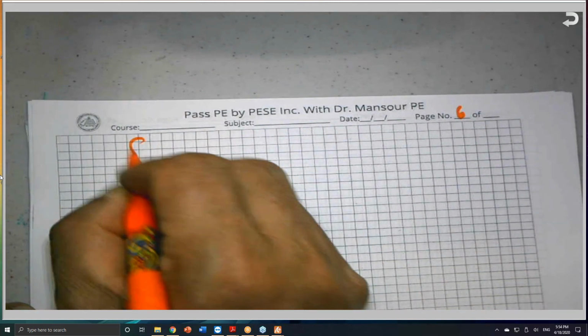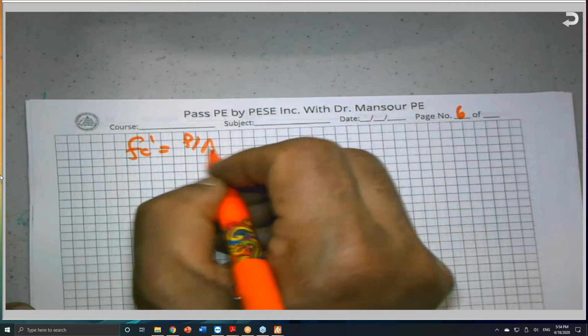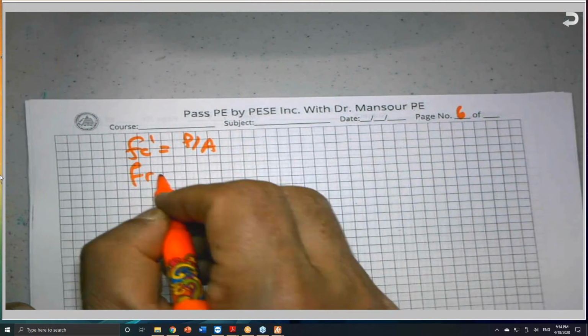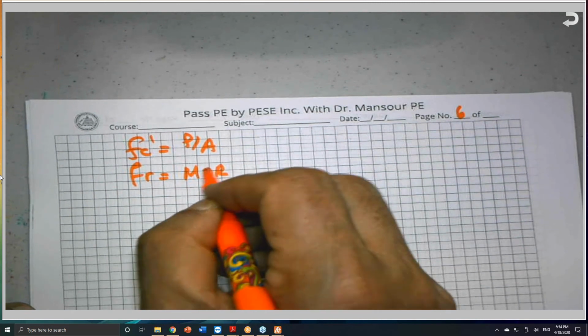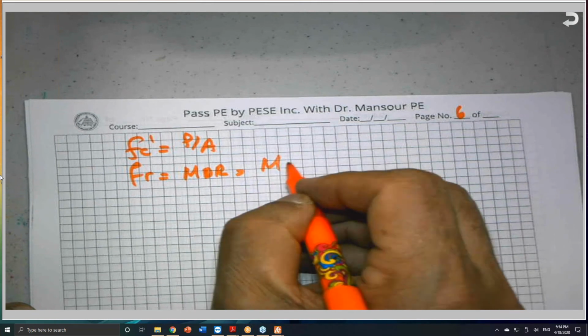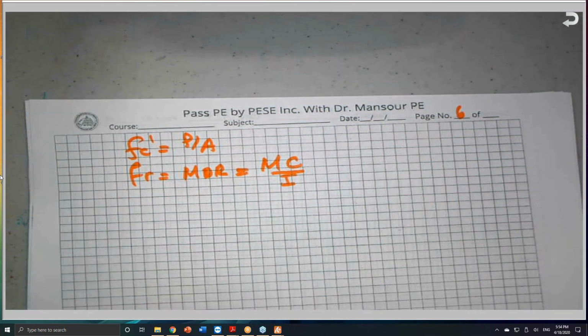F sub C prime, which is the compressive strength, is P over A, and we have F sub R, which is the modulus of rupture, MOR, which is MC over I, the equation. There is another test. Let me show you the picture. It's called splitting tensile strength.